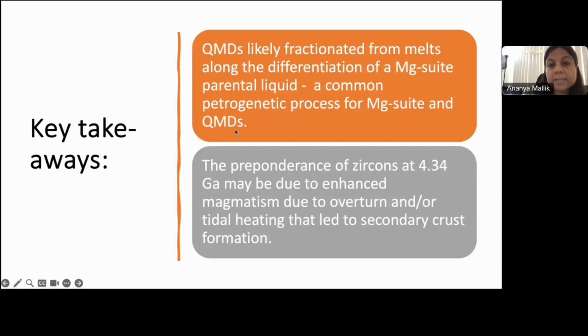And the zircon peak at 4.34 billion years may represent enhanced magmatism due to either overturn, tidal heating, or perhaps impact, and that magmatism must have led to secondary crust formation.